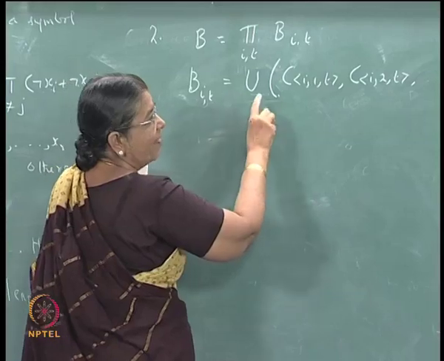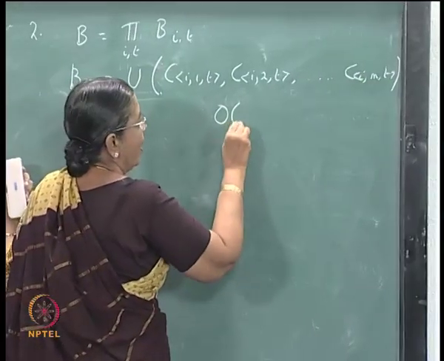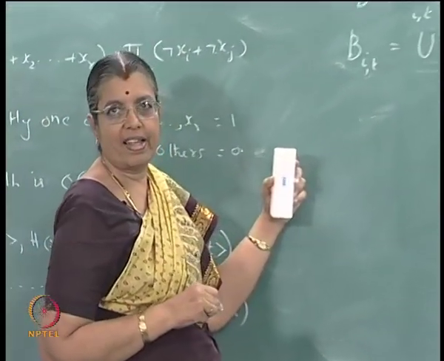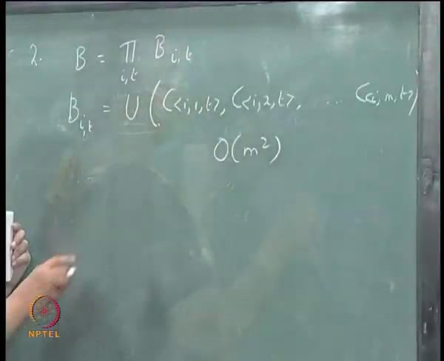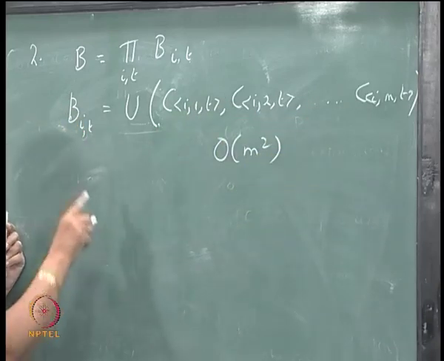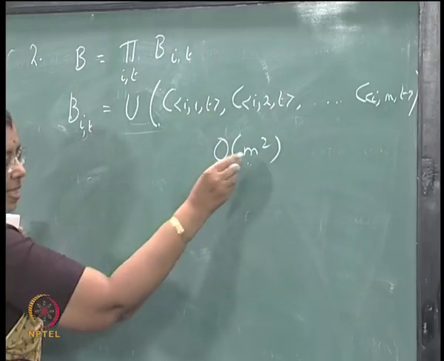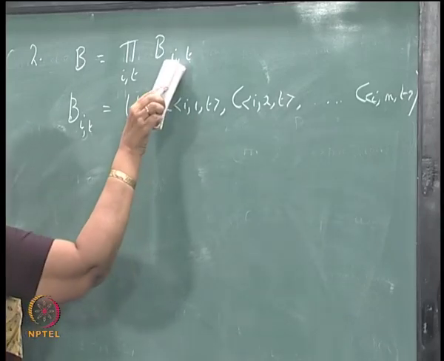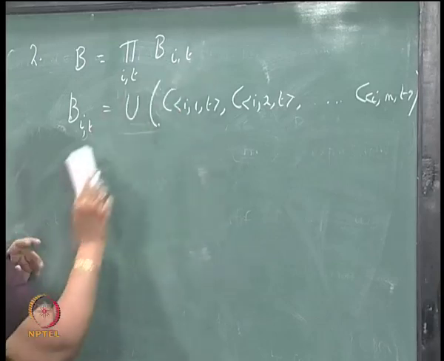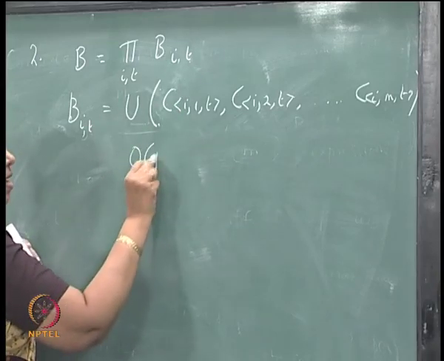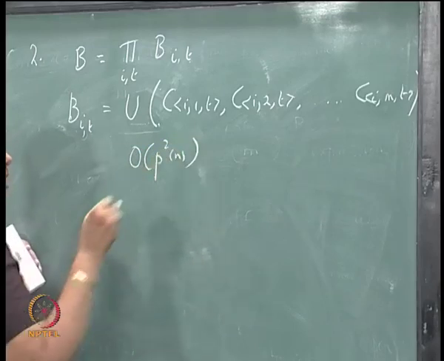The length of this will be order m squared, because you have m variables here. So, m squared is a constant, but i ranges from 1 to Pn, t ranges from 0 to Pn. So, the whole length will be order p squared.